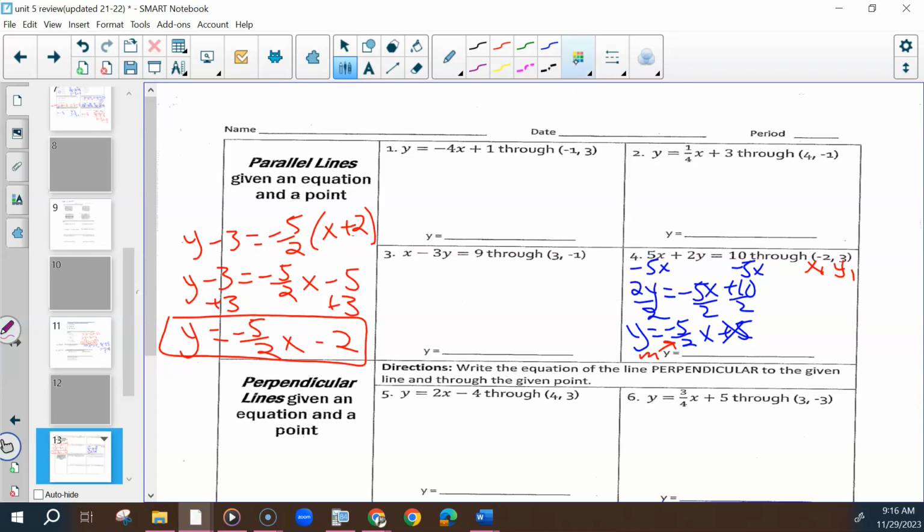So this one is already in slope-intercept form, so we don't need to solve. We can cross out the y-intercept. We're looking for an equation that is parallel, so the slope is going to be the same. And we're going to be using this point, our x1, our y1, and then doing our point slope. So y plus 1 equals 1/4 times x minus 4.